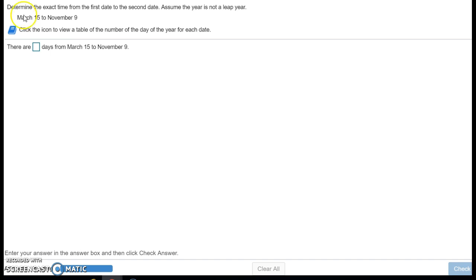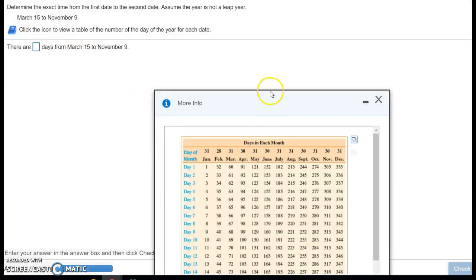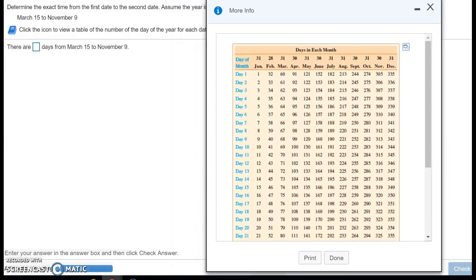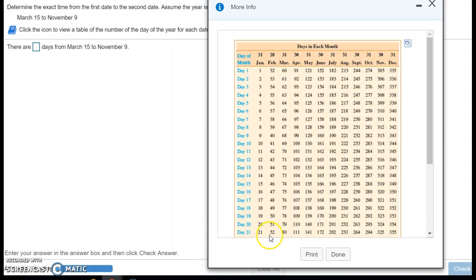All right, so I'm going to click the icon and look at this table. You need to realize that the blue writing are the days of the month. You find the months listed in black at the top of the table. And we are looking for March 15th.